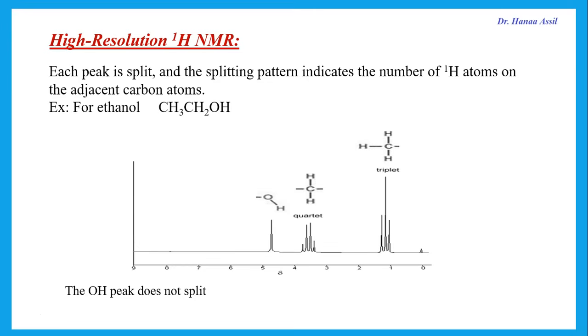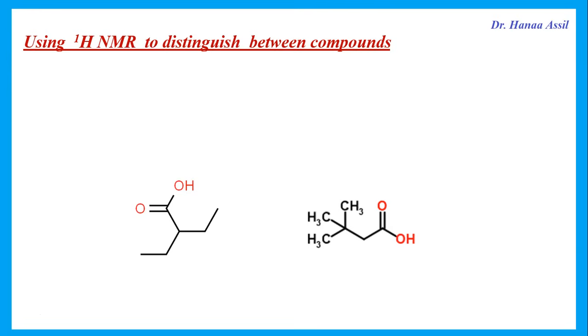Then we have a peak due to the 2 hydrogens, so this peak is an intermediate height, and it is a quartet because on the neighboring carbon we have 3 hydrogens. Now the peak on the right is highest because it is due to 3 hydrogens, and it is a triplet because I have 2 hydrogens on the neighboring carbon.